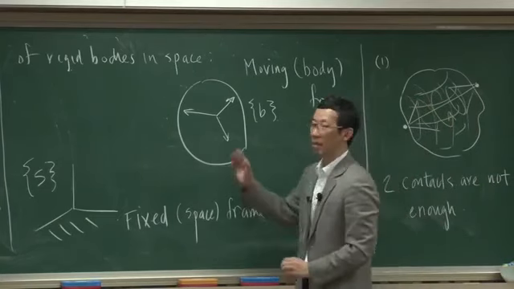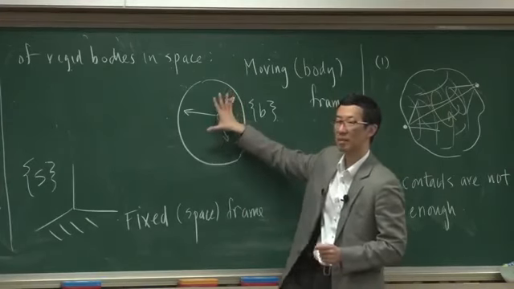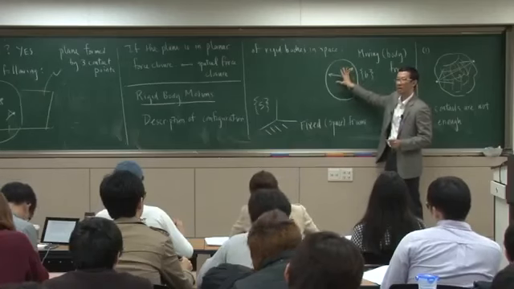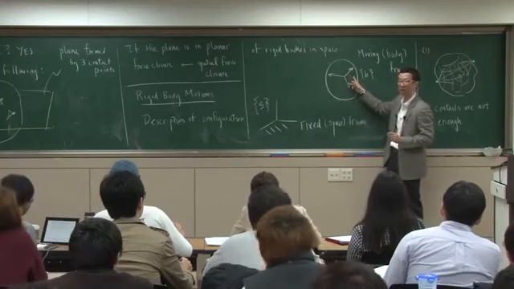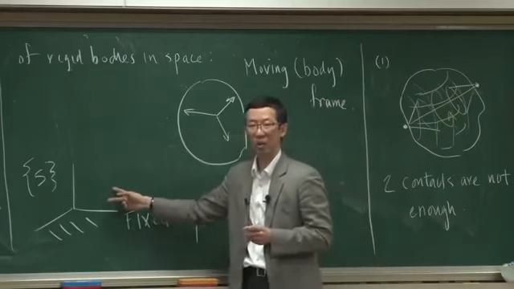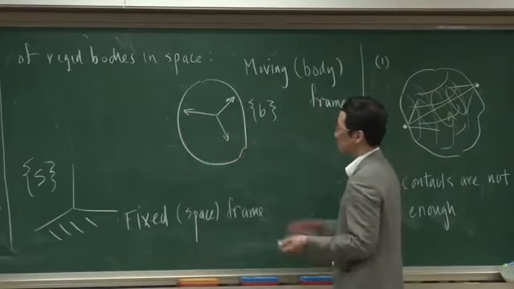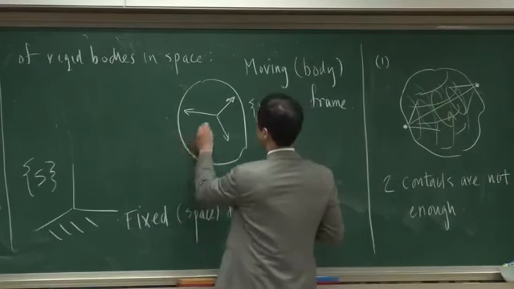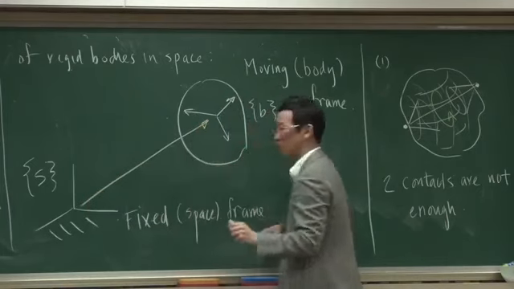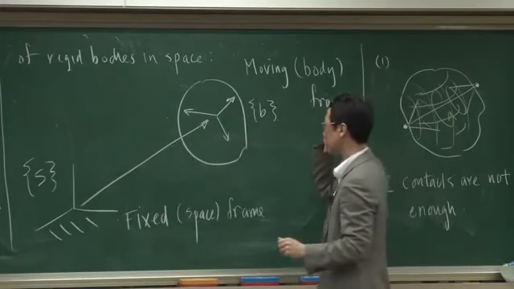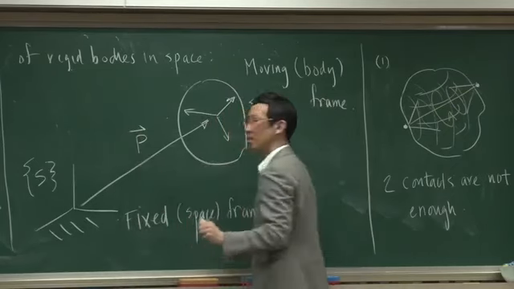I want to be able to describe the position and orientation of this body. The natural way to do it is to describe the position and orientation of the B frame using the S frame coordinates. Here's one way to do it. We draw a vector like that. Let's call this vector p.